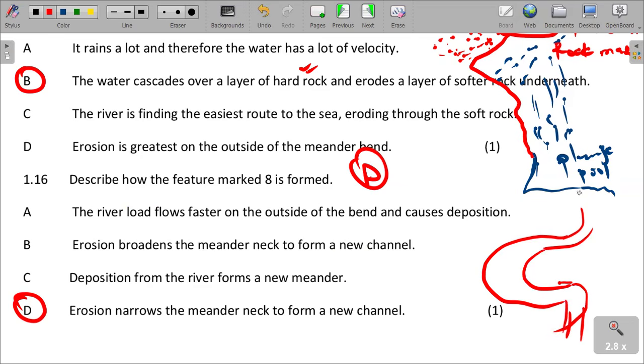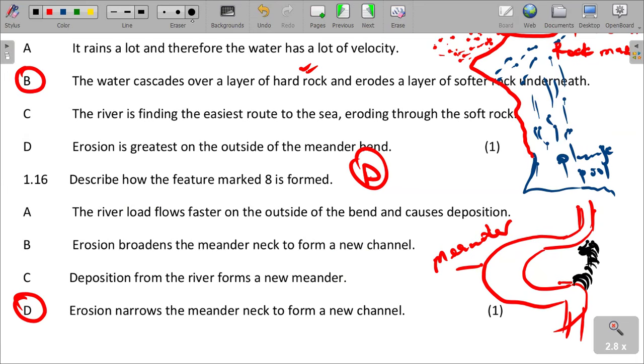So now what happens is that this is the meander that we were talking about before it is cut off. In other terms, what we are saying is that erosion will take place on the necks of this. Erosion will take place here, so that we tend to have this path, the river, just connecting straight.